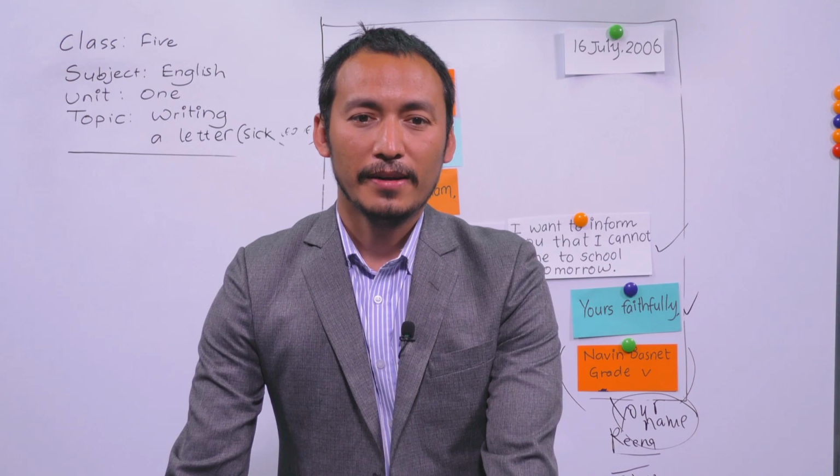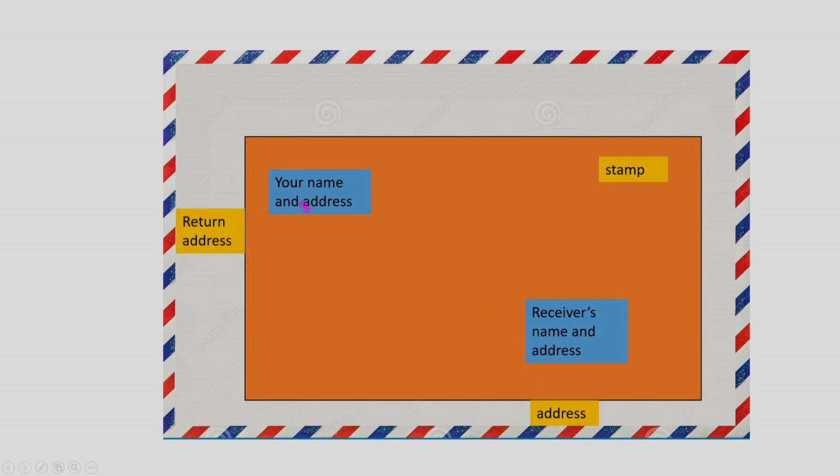Well, all right, this is the ending part, and we have to create an envelope with the name and address. Who is the sender here? You are the sender and you write your name here, and the receiver is on the other side, and you have a stamp in a letter, and then comes the address, and we also call it a return address.